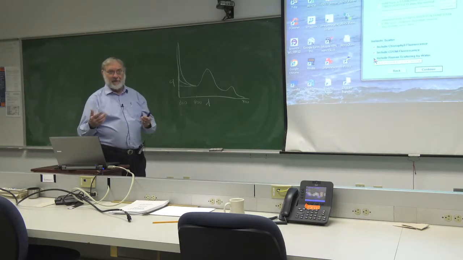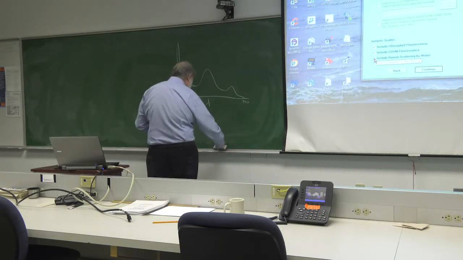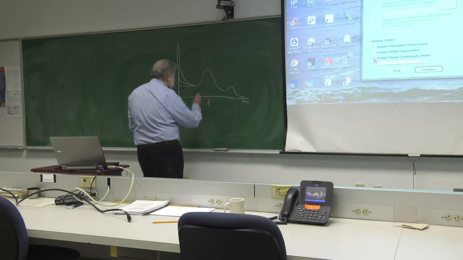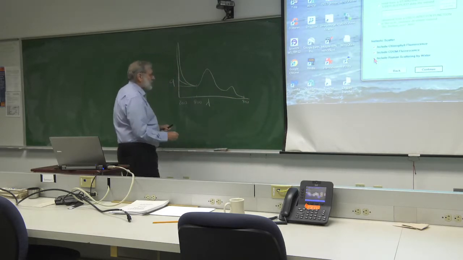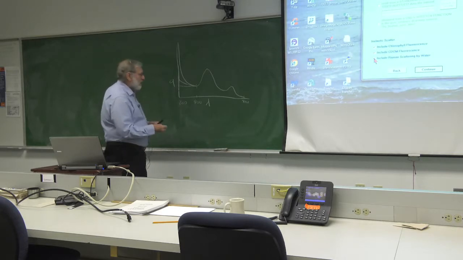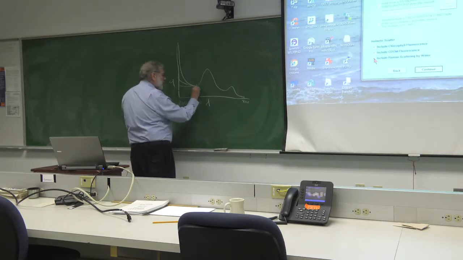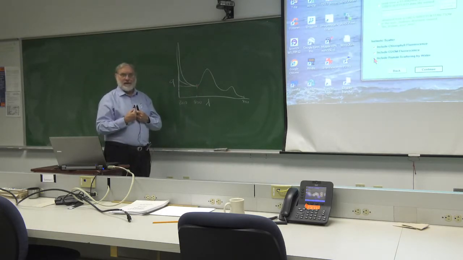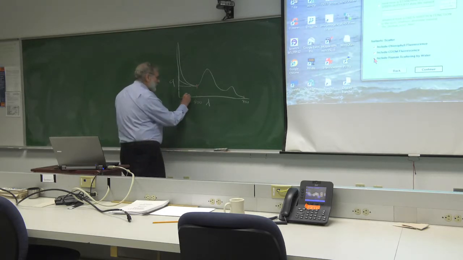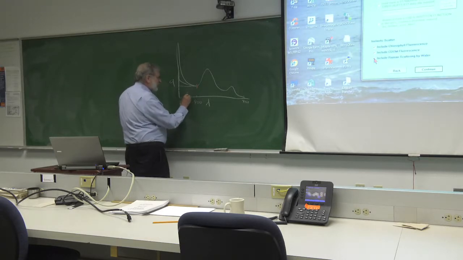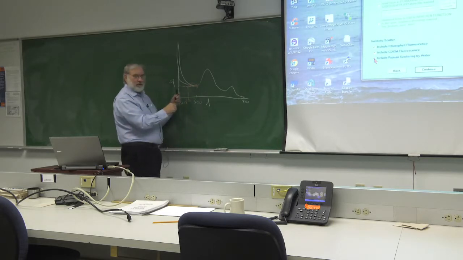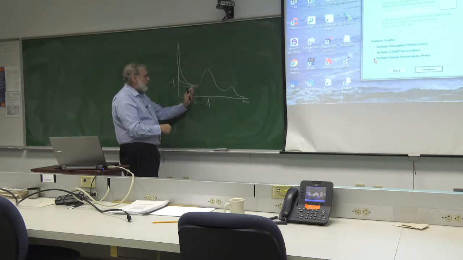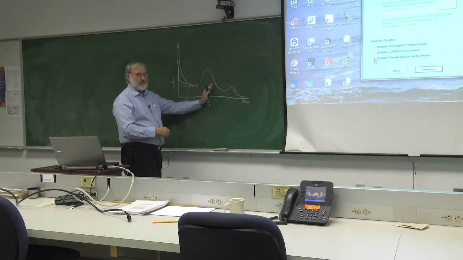That's this controlled environment business. A little warning there. Let's say you're only interested in 400 to 700 nanometers and you want to include Raman scattering. Where did the Raman scattered light at 400 actually come from? Yeah, somewhere down around 350 or 360. So you actually want to start the run at maybe 350, so that the light that's Raman scattered over to 400 will be there, even though you don't care about 350, you just want to have it from 400 on.